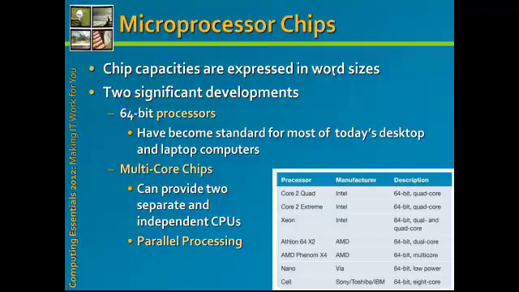It only can address physically about 3 gigs of memory. 64-bit can address up to 256 gigs of memory. So the math is completely different. Doesn't really tell you much on the descriptions over here. But just remember, 32s can only address up to 3 gigabytes of memory, and that's your RAM that you put in your computer, the random access memory. Or you can get a 64 that would go up to 256.